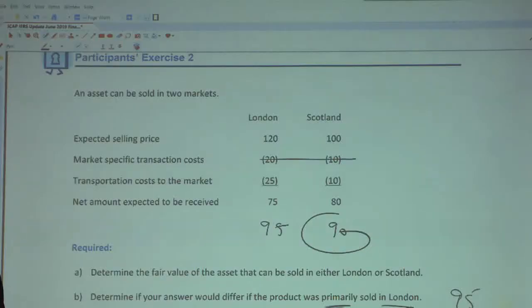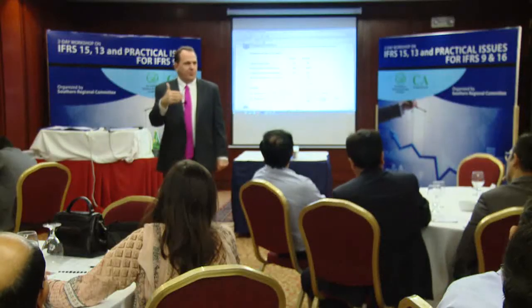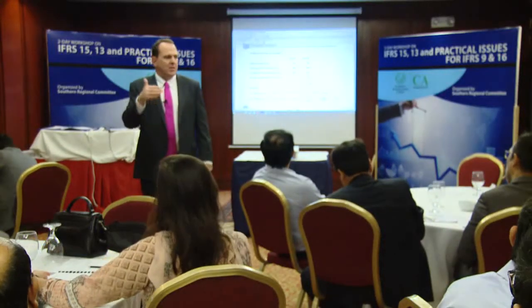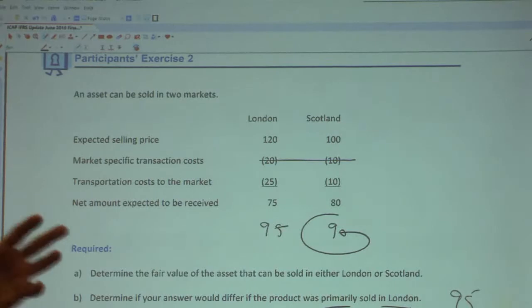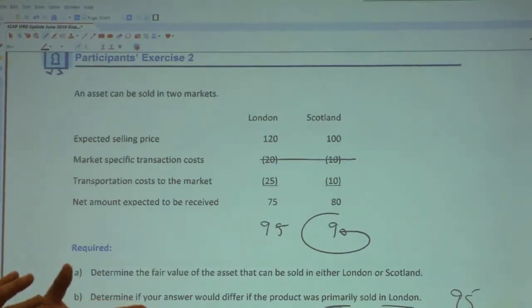Once you select the market to determine the fair value, you follow the principles in the standard. And those principles say you don't include transaction cost. So you've determined that the best place to sell is Scotland, because the best net of everything is 80.